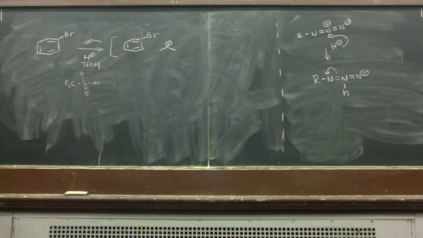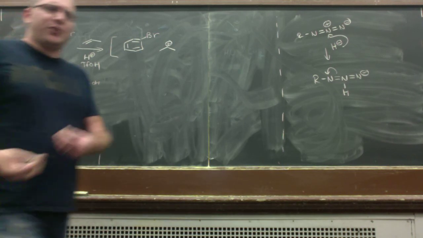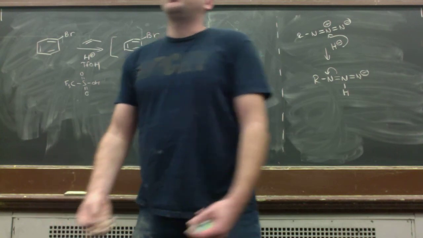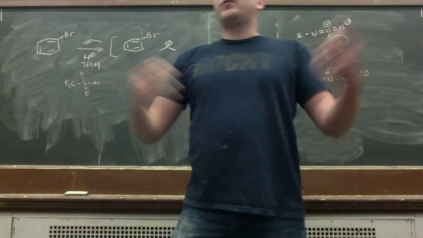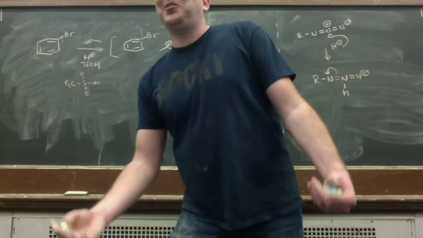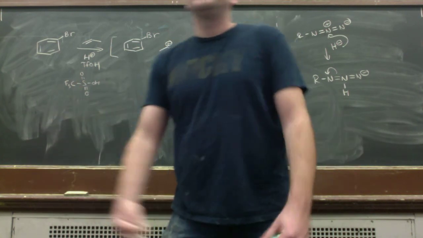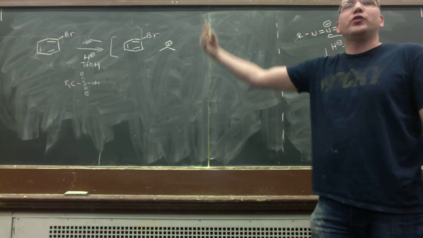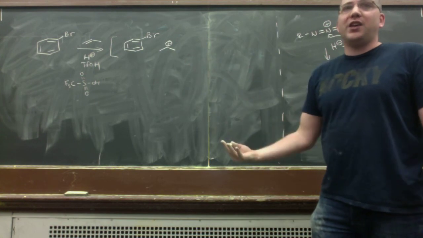Even though it's not exactly how the mechanism goes, when we were discussing Friedel-Crafts style electrophilic aromatic substitution, I tried to cluster them all into cationic character electrophiles to show that they're really good electrophiles. And we did glance over this a little bit. We said that alkenes that react with acid will also form cations, and those can also behave as the electrophilic source.